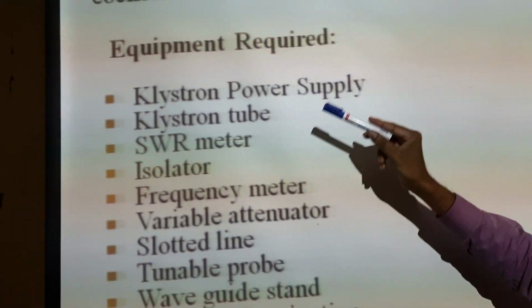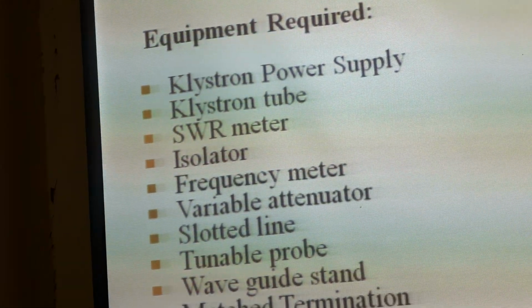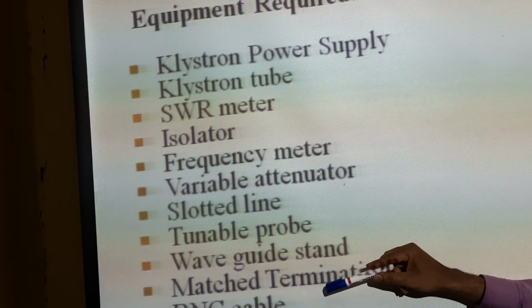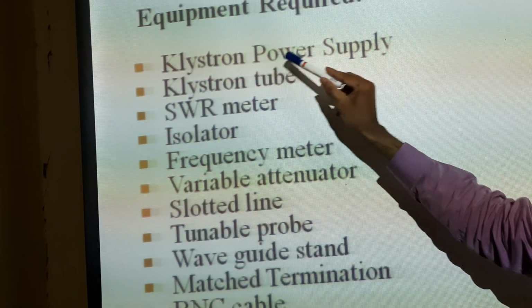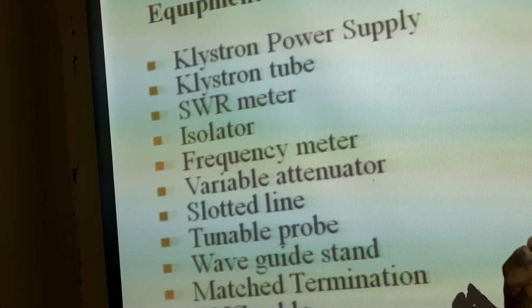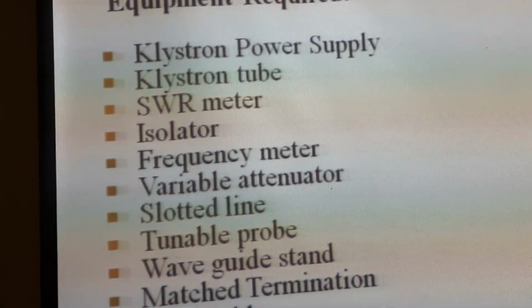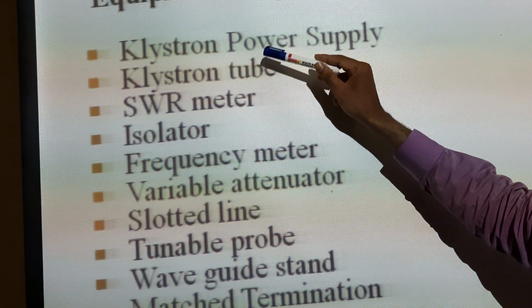The equipments required are the Klystron power supply. All these things I will show you in the microwave test bench we have. Just see what are the things required. Klystron power supply. Actually a klystron is a microwave source which generates the microwave, and we need that power supply to generate the microwave.